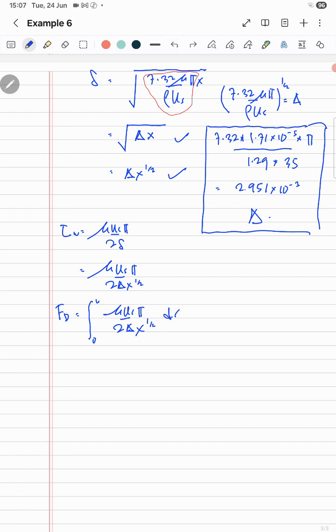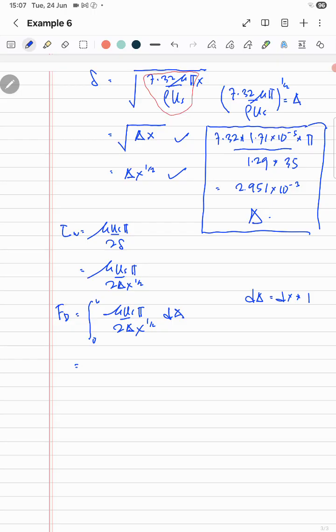We need to integrate with respect to A. We have x, we have a. So dA is equal to dx multiplied by 1 unit.